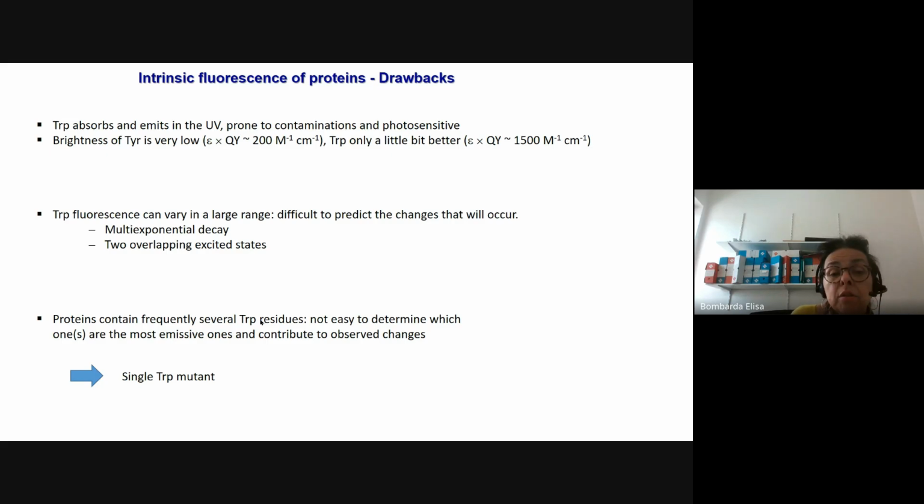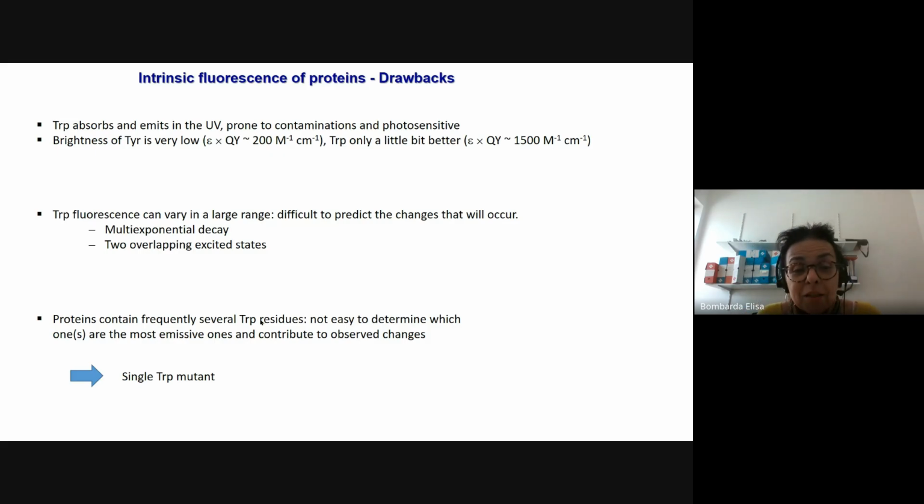And that is an additional complication because we may not know from which tryptophan the signal comes. And they can have different emissive properties. We were seeing some examples in the lecture till now.